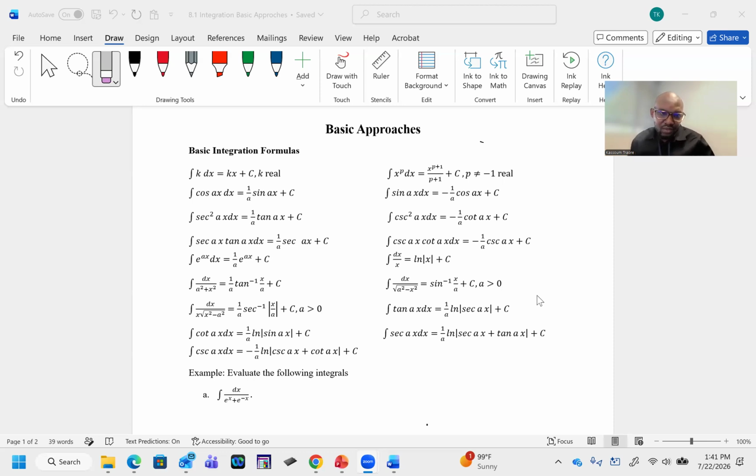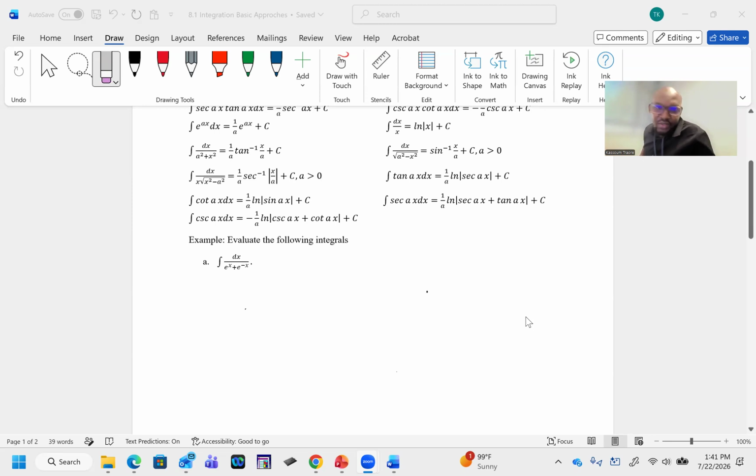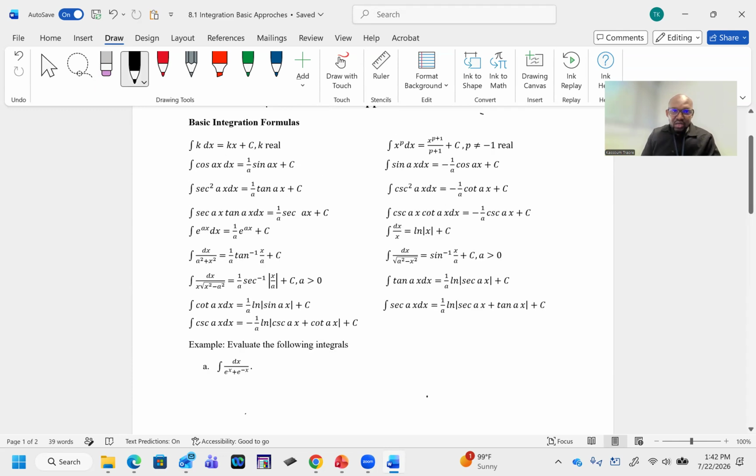Okay, so if you look at this first example, we are asked to evaluate the integral of dx over e to the power of x plus e to the power of negative x. By looking at this integration, we can see there is no basic integration formula that we can use to integrate this one. Some of you will say, oh, this looks like a hyperbolic function.